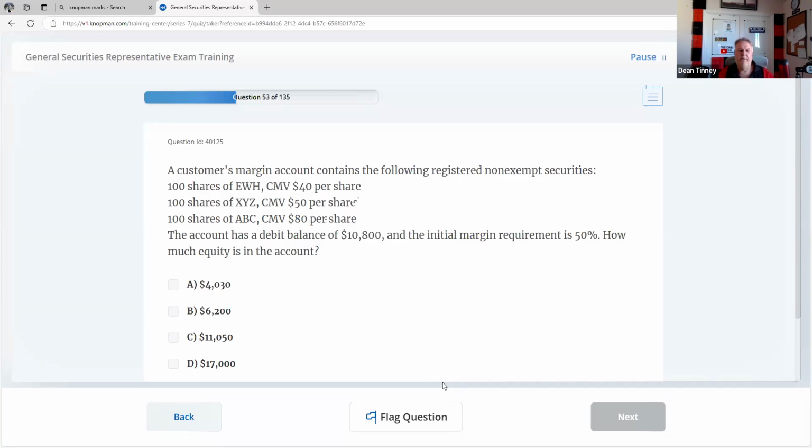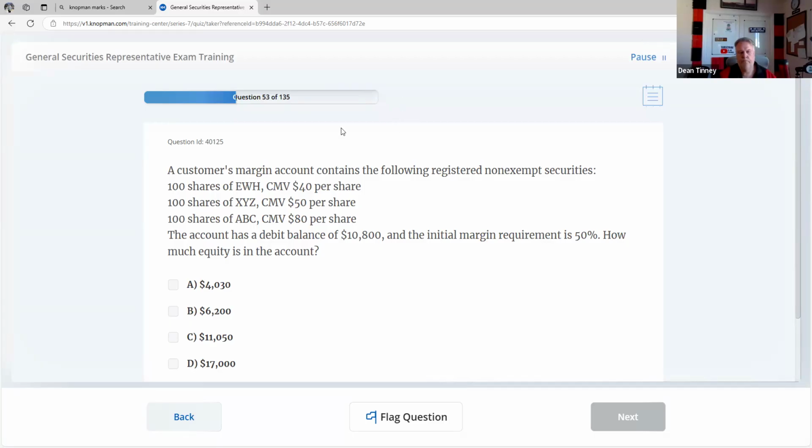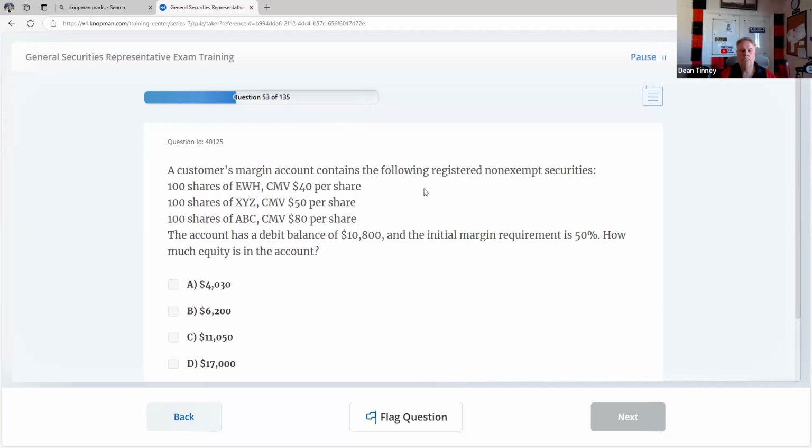How much equity is in this account? I'm just going to have to get my calculator out. Start doing them all. 4,000 and 5,000.